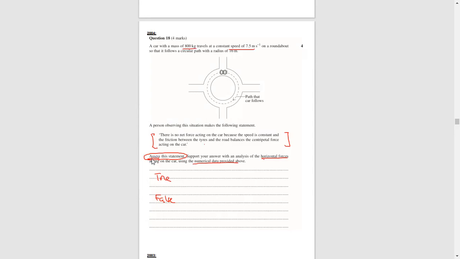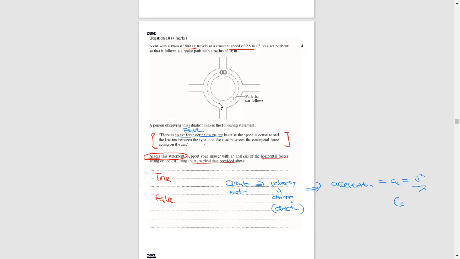Brief rundown: no net force acting on the car is clearly false. And you would support that by saying, as we've said before, if it's going in a circular motion, it means that the velocity is changing direction because velocity includes direction. And therefore you have acceleration, which is equal to a_c, which is equal to v squared over r.